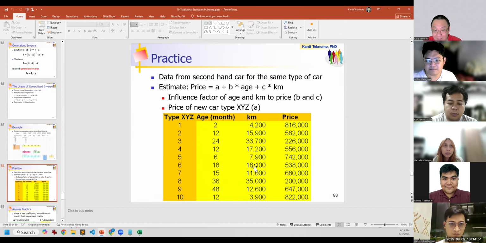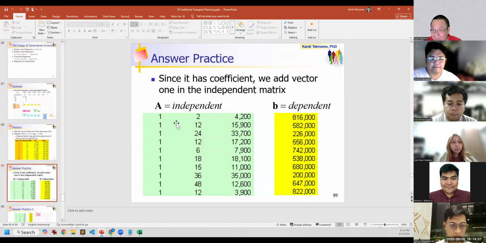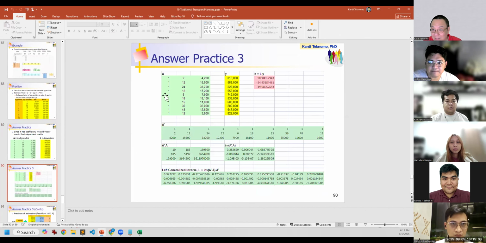Then you do the same. You create the matrix A and vector B, and then you do exactly like this. Now you get the left generalized inverse, and then you get the B.